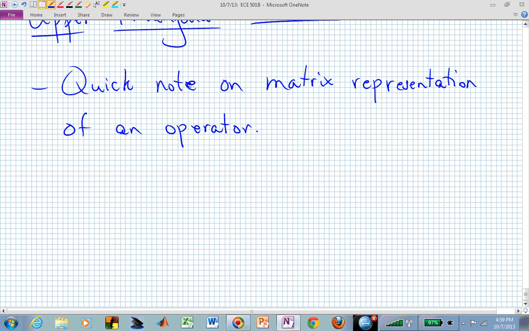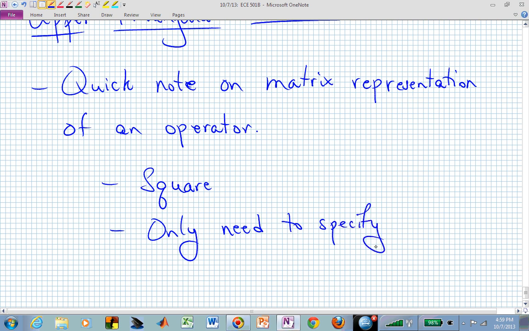A square, right? So now if we're dealing with operators, we're dealing with square matrices. And if we're going from one vector space back to that vector space, we don't need to mess with two different bases. We can just work with one. So we only need, let's say, to specify one basis.